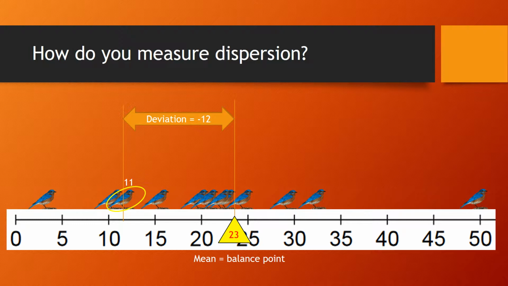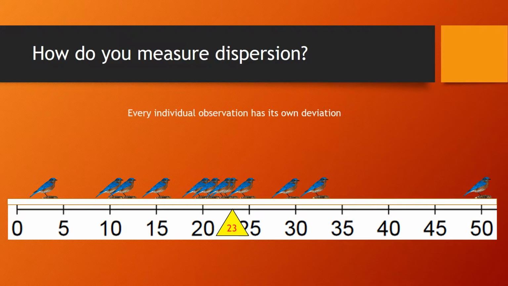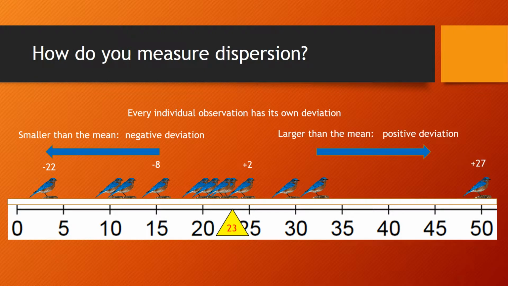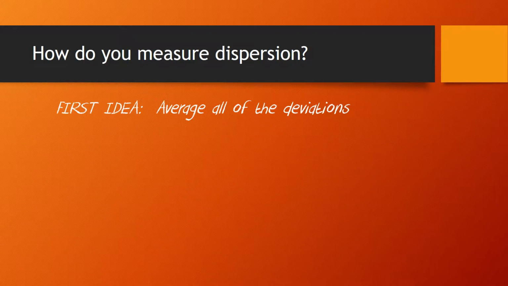The further from the center, the larger in magnitude that deviation will be. What I really want to do, however, is to realize that since every bird has its own deviation, with the ones on the left being negative and the ones on the right being positive, I'd like to combine all those numbers in some way so that I would get a single number that represents the whole flock, the whole set. One obvious way to do that is to take all of those deviations and average them together.